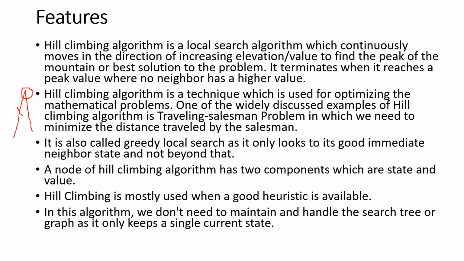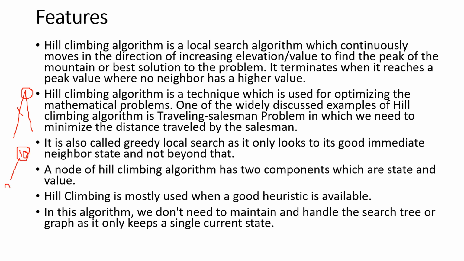The next point is that hill climbing is greedy because it chooses the best immediate neighbor. It does not check further possibilities, and it does not compare multiple paths. For example, the current node is 10 and it has three neighbors.